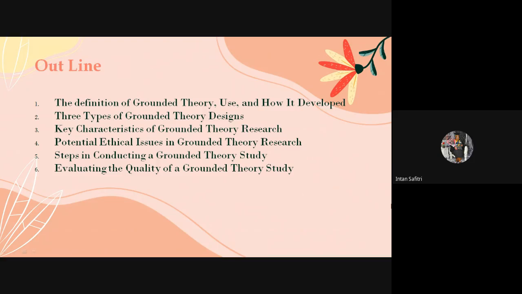Second, three types of grounded theory design. The third, key characteristics of grounded theory research. Fourth, potential ethical issues in grounded theory research. Fifth, steps in conducting a grounded theory study. And for the last, evaluating the quality of a grounded theory study. Next, please.